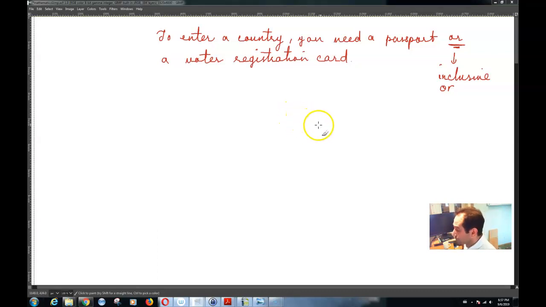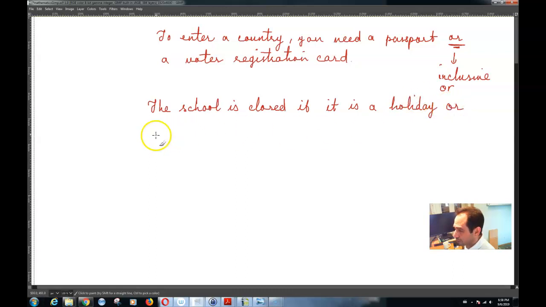The second example that we have is: the school is closed if it's a holiday or a Sunday. What it means is that if it's a holiday, the school is closed.